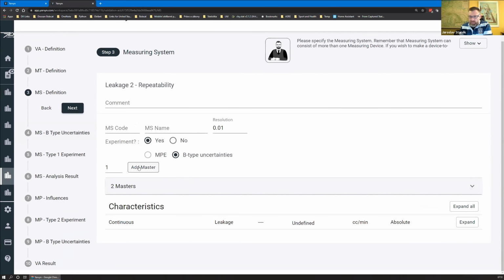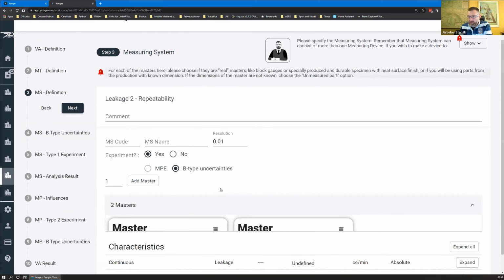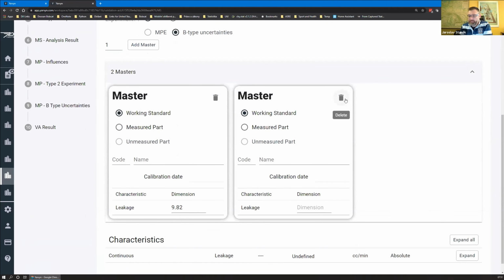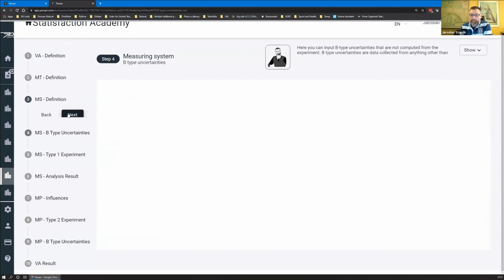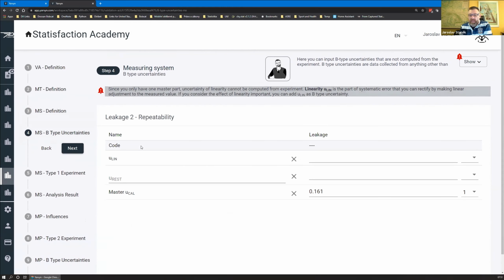And this is actually the average value from the previous experiment, from the calibration report. And I go next. I will now add the B-type uncertainties.